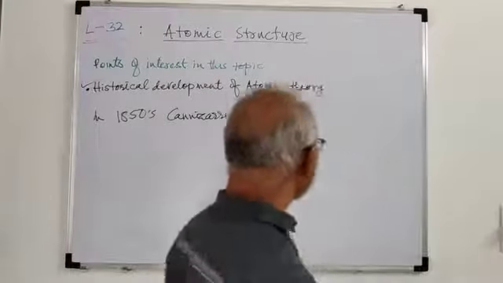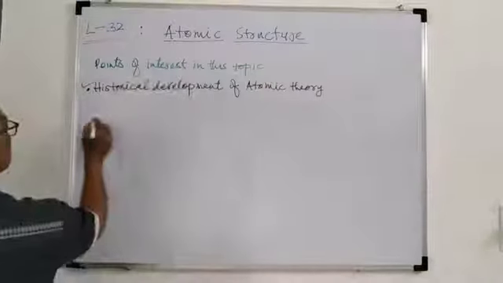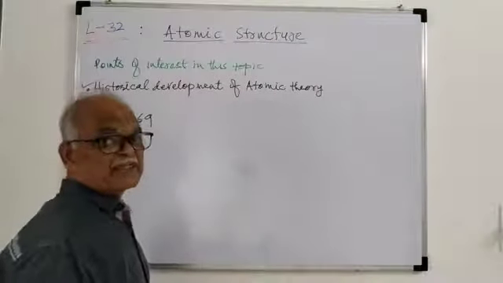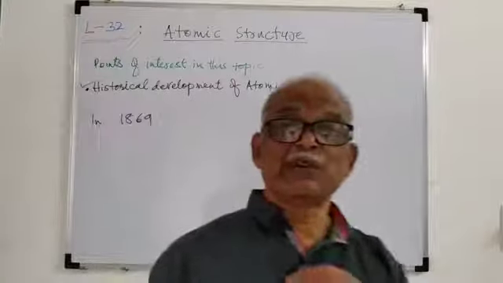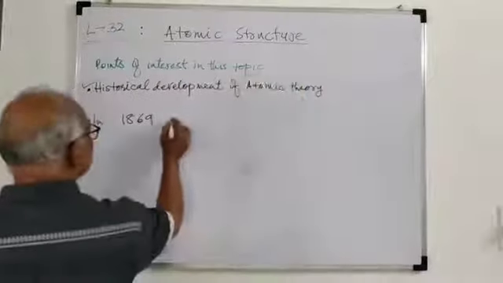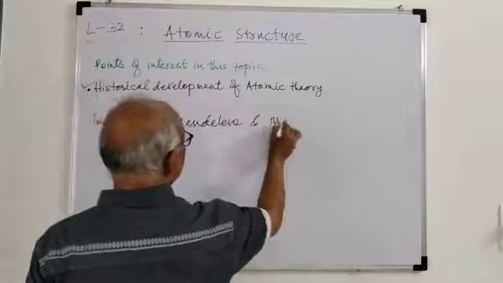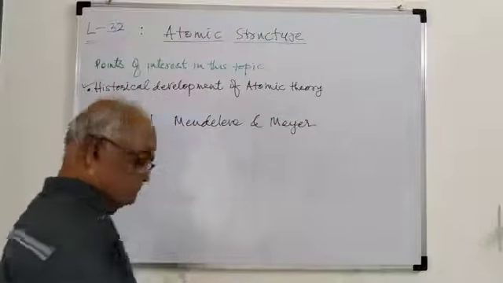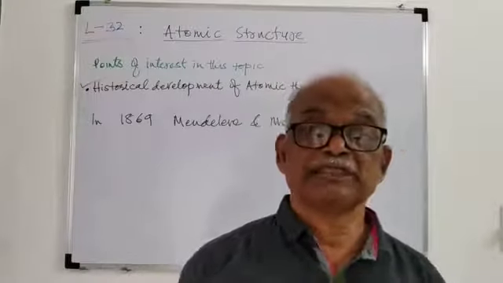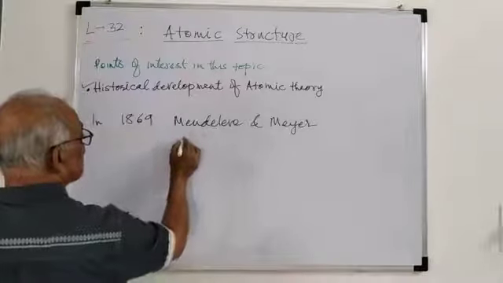Then in 1869, two scientists, Mendeleev and Meyer, independently prepared their periodic tables of elements.